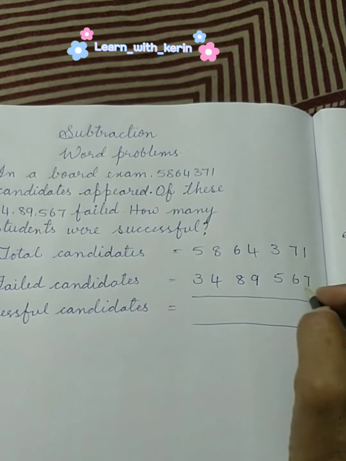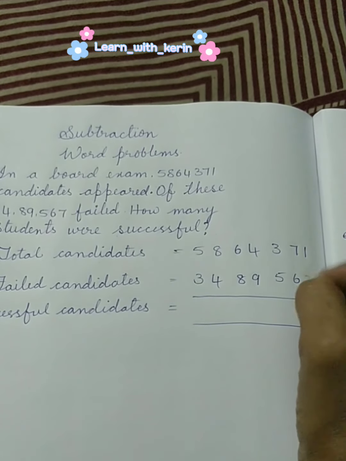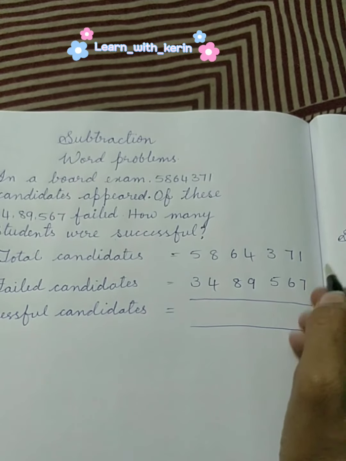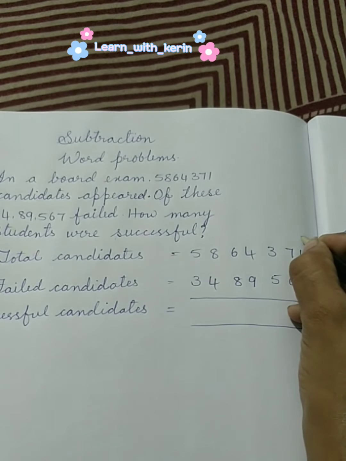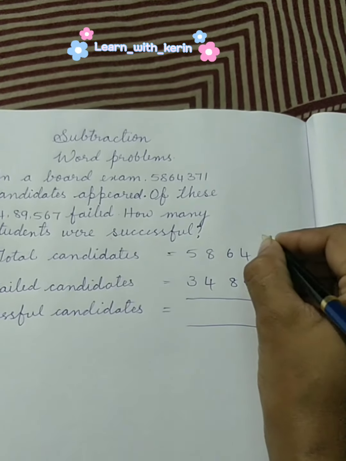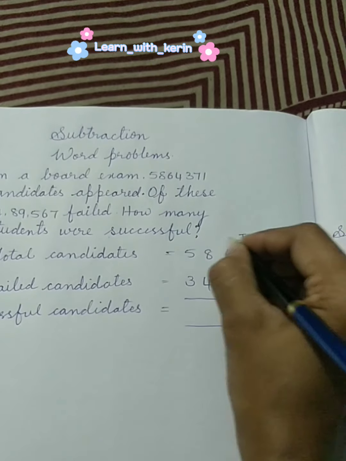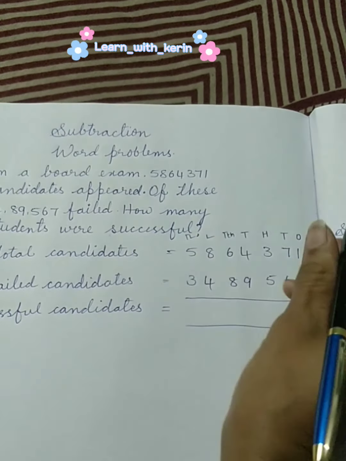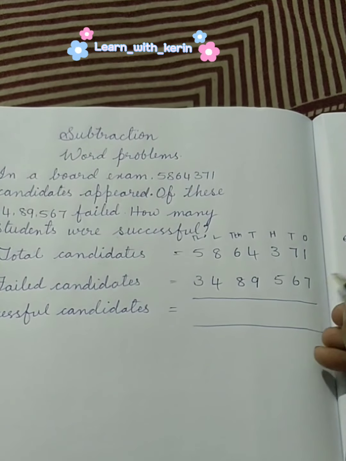To subtract both the numbers, we need to observe the number which is up and the number which is down. Before that, let me write the place values of the numbers, children. Ones, tens, hundreds, thousands, 10,000, lakh, 10 lakh. Now children, let us begin to subtract the numbers.